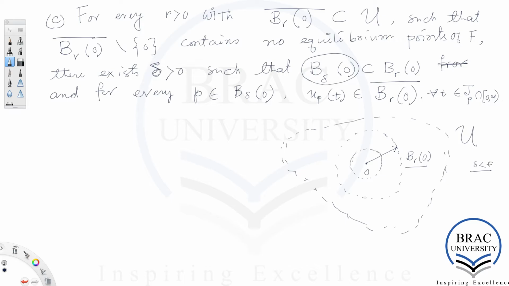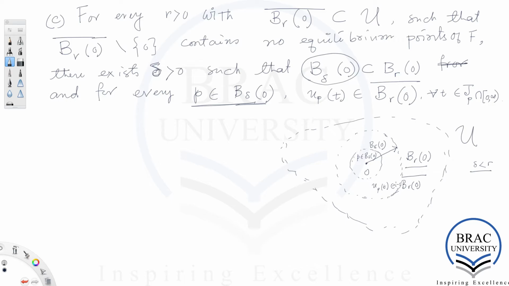So such a delta can be found, so that for every point in B delta 0, the solution UP of T, so if I take P in this B delta of 0, the corresponding solution UP of T will belong to the closure of this ball, which means the open ball with the boundary included.